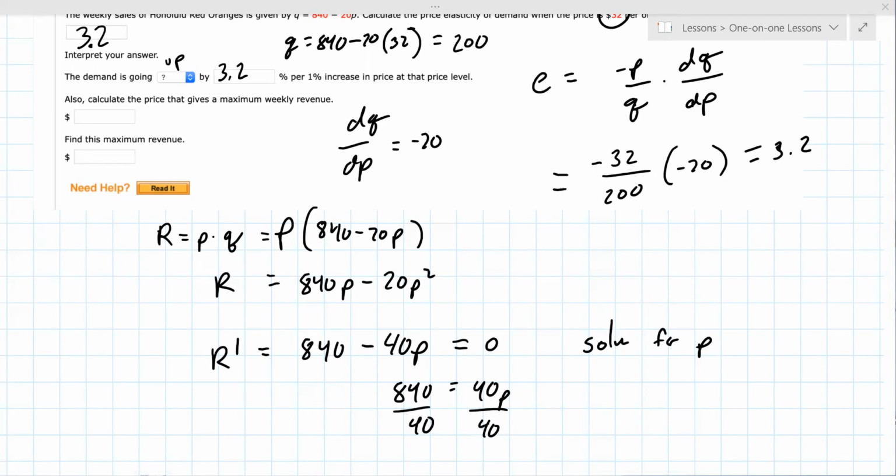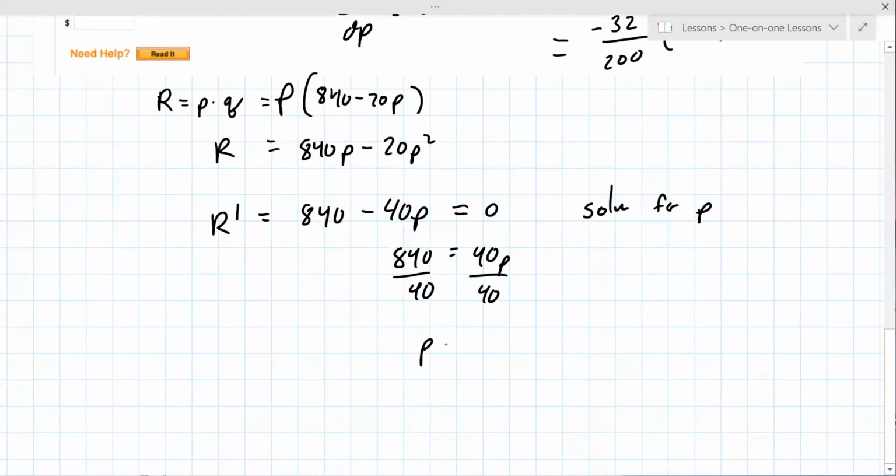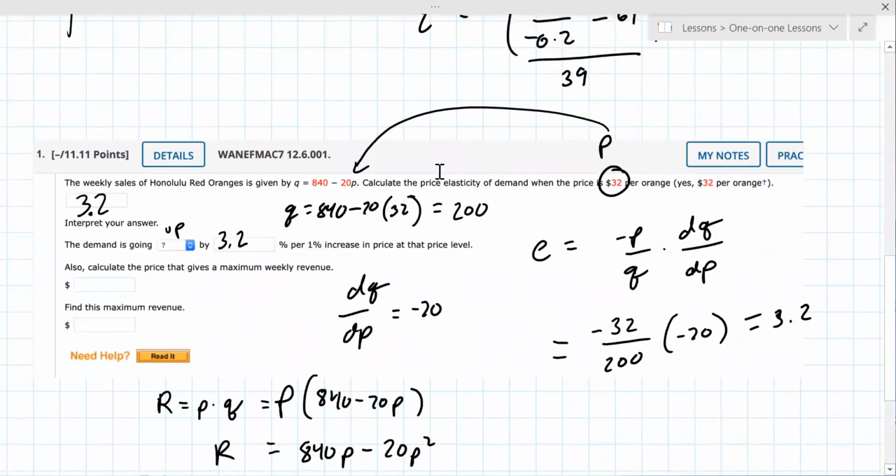So notice that that's a different price than the one that's given, and that's fine. That's the price. The maximum revenue you get by going back to your revenue equation and putting in 21. So the revenue function when price is 21 is 840 times 21 minus 20 times 21 squared.